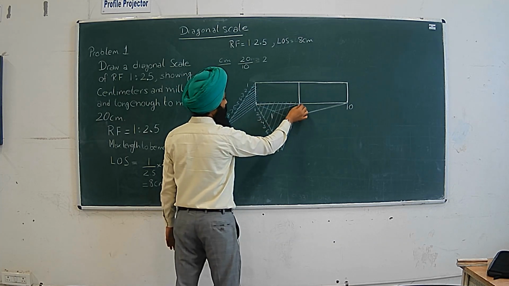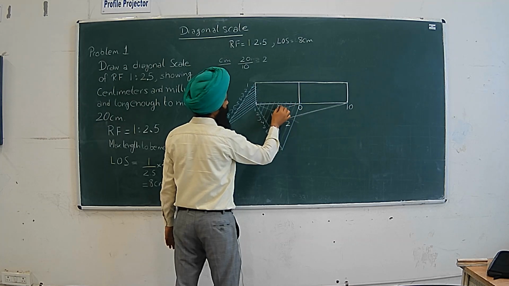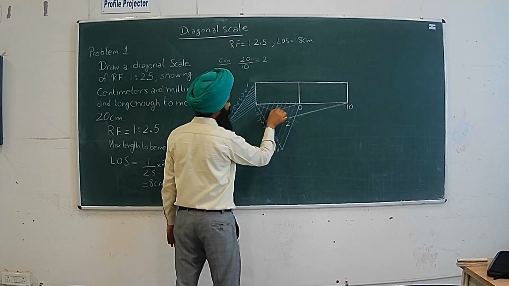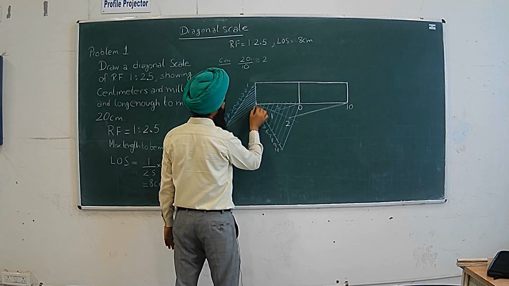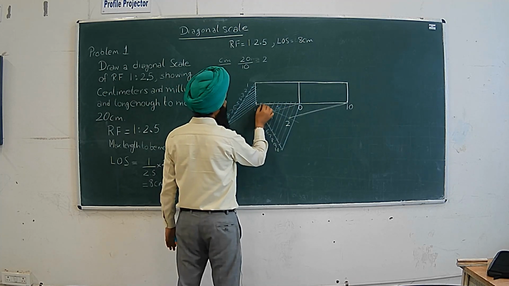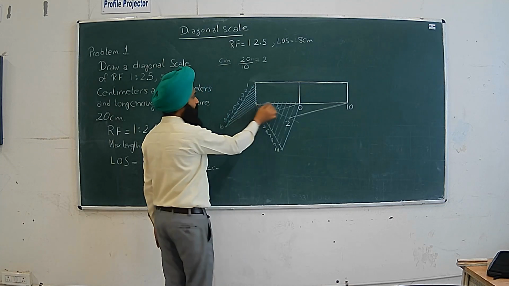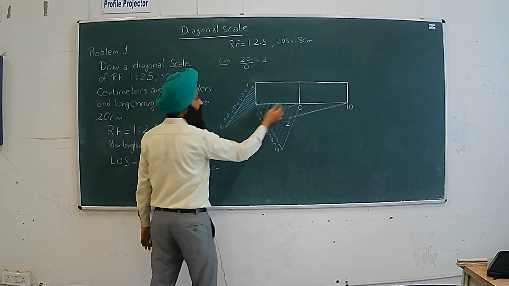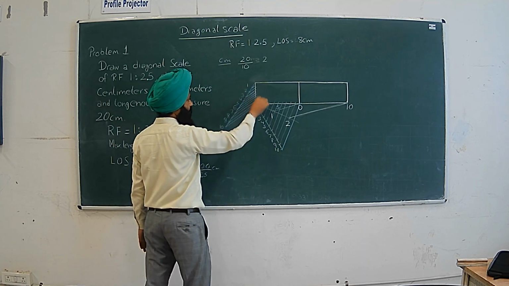Here this is our 0, this is first division, second, third, fourth, fifth. So this is 5 and here we have 10. Here is 9. So join the 9th division of this main division with top of the 10th like this.